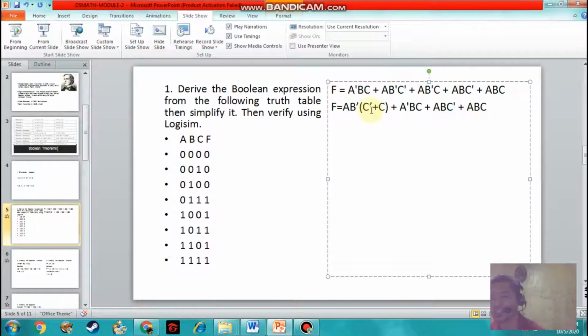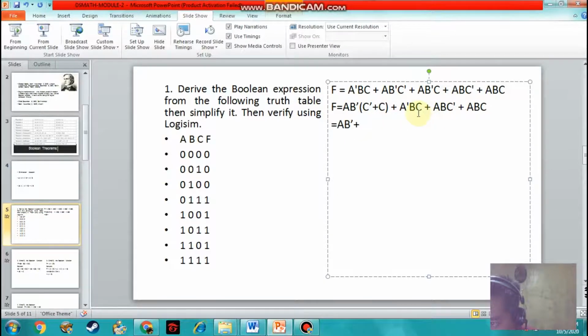Kung anong inassign natin value kasi C pa rin. So, ano to? Ulit. 1 prime which is 0 plus 1. 1 ang sagot. Kung 0 naman, 0 prime is 1 plus 0. Anong laging sagot? 1. Ayan. Okay. So, 1 times AB prime, AB prime. AB prime. Yan. Plus, dito naman, so na-reduce na natin yan.